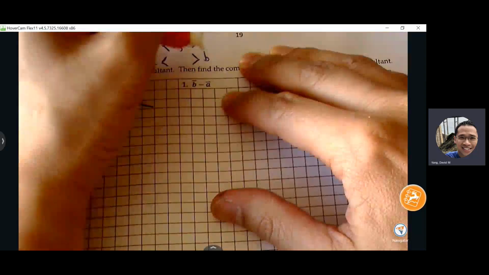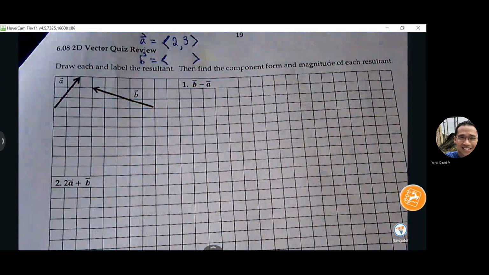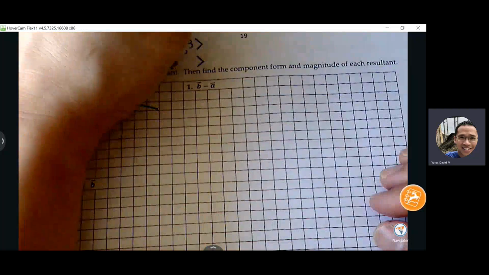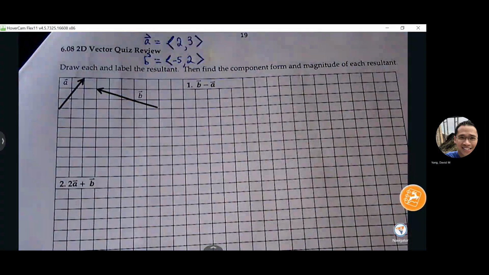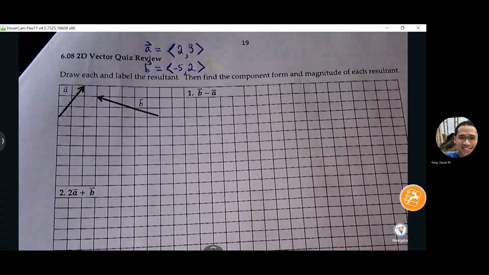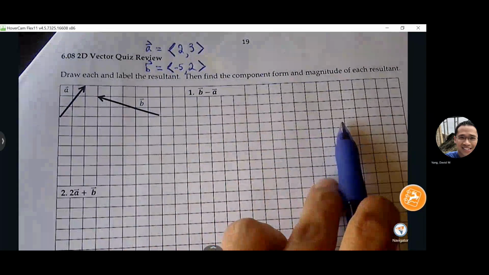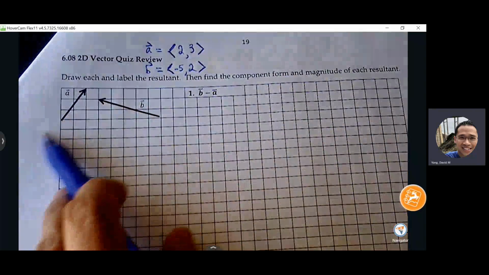Okay, what about vector B in component form? Negative 5, 2. So I'm going to draw vector B. And then vector A, instead of going up and to the right, it's going to go down and to the left.